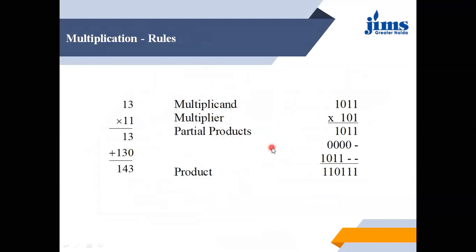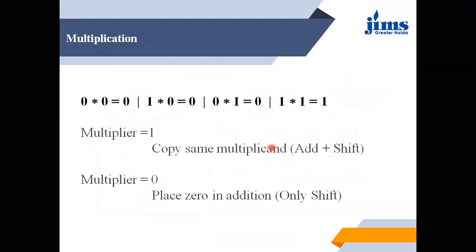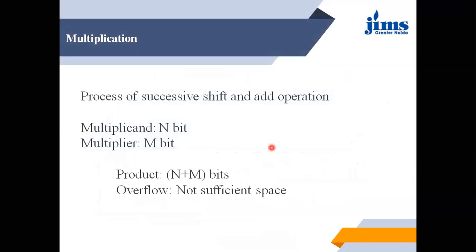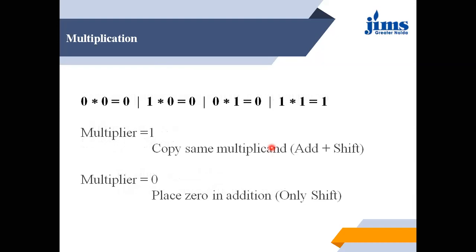So today in this lecture we discussed multiplication: if there are two numbers of n bits and we have to multiply them, then the maximum number of bits required is 2n, and if we do not have sufficient space to store the product, then there will be an overflow. Then we discussed that if both the bits are 1, then the multiplication is 1, otherwise it is 0.